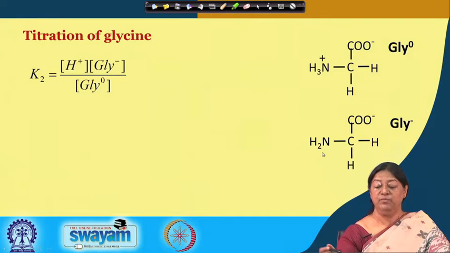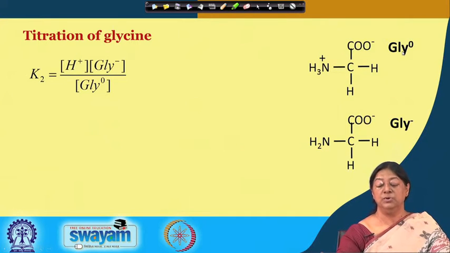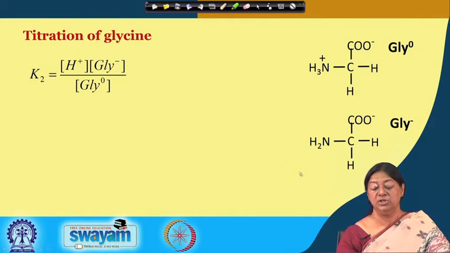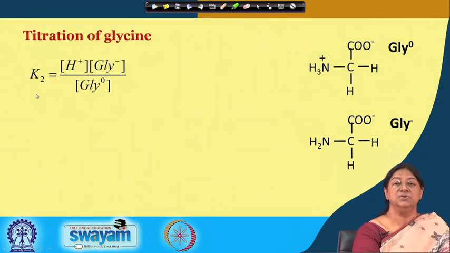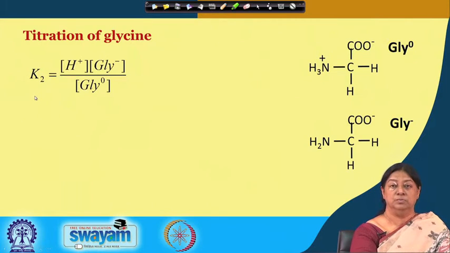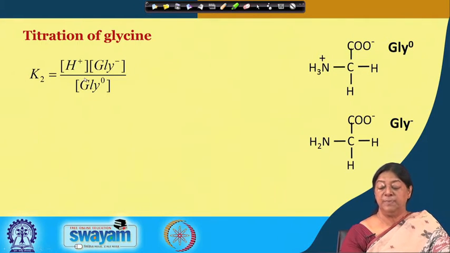So, what do we have? We have Gly 0 now going to Gly minus, because the overall charge on this is minus. This is associated with K2. In K2, this becomes the conjugate base and this is the acid, because this is providing the proton.